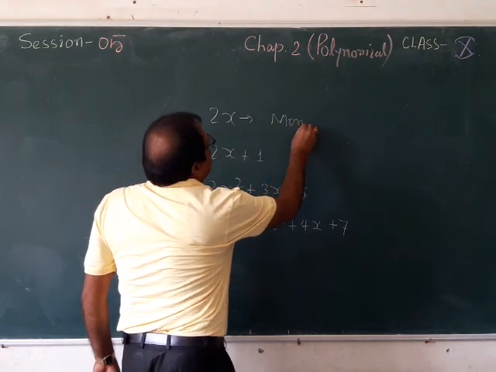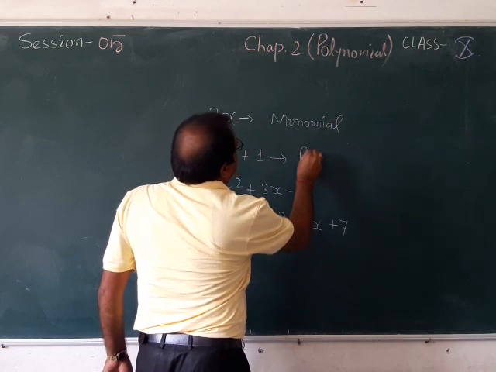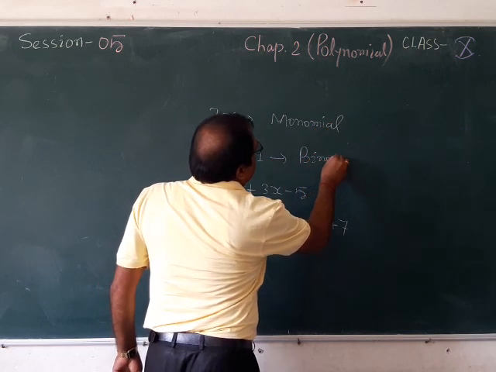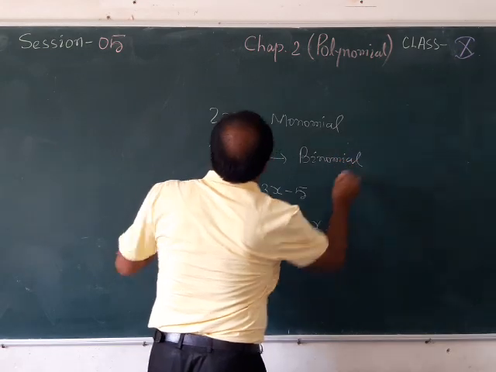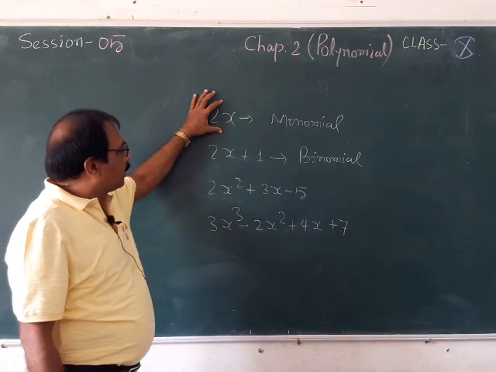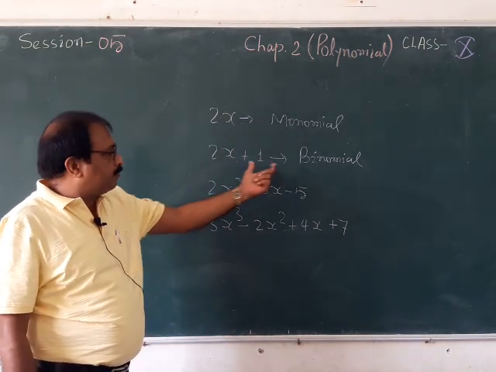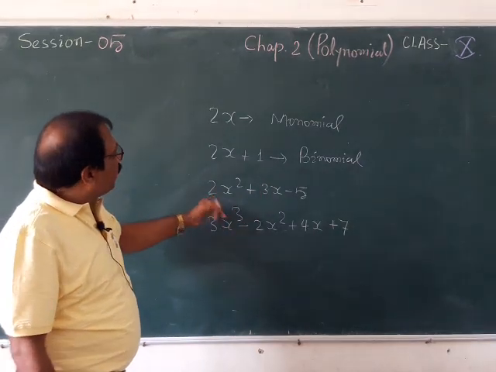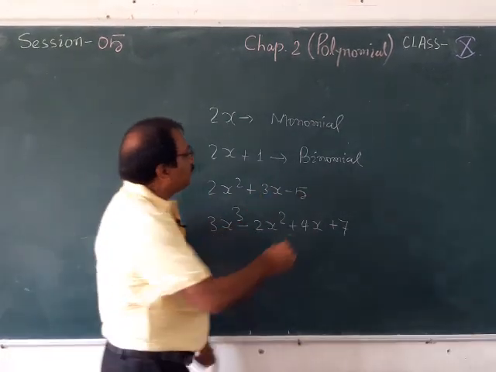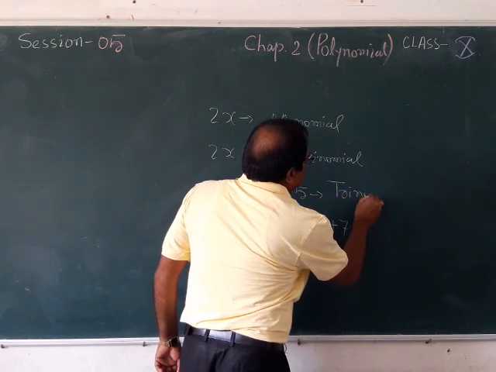Then this is a binomial. Why is it a binomial? Because there are two terms. This is a single term, so it is known as monomial. When you are having two terms, it is a binomial, and when you are having 1, 2 and 3 terms, it is a trinomial.